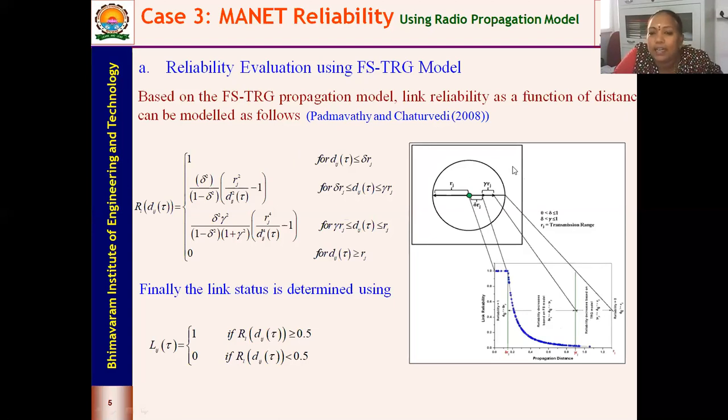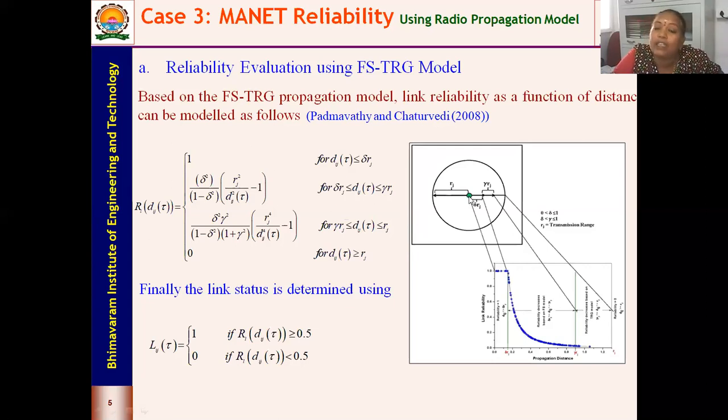In this diagram, you can see that I consider a node with a green indication, and the bigger circle indicates the coverage area or the transmission range of that particular node. If I'm taking the transmission range as 3 miles, then your radius Rj represents 3 miles.